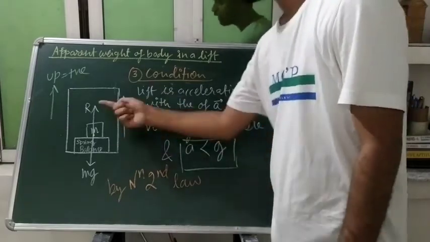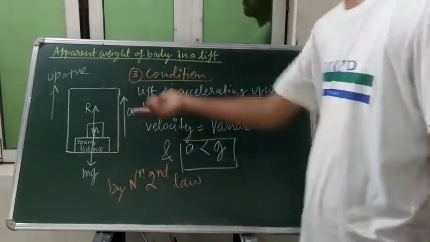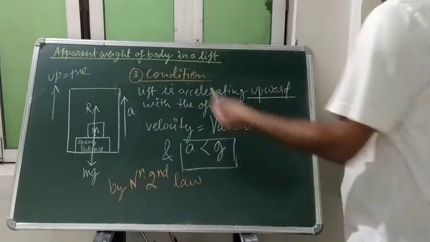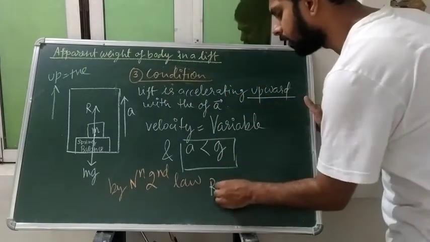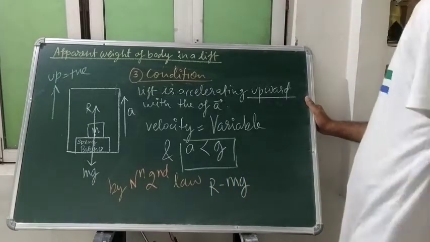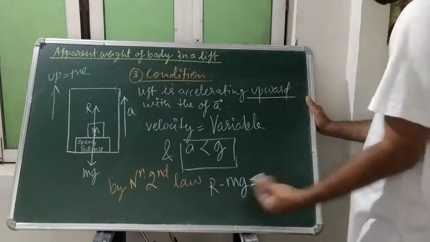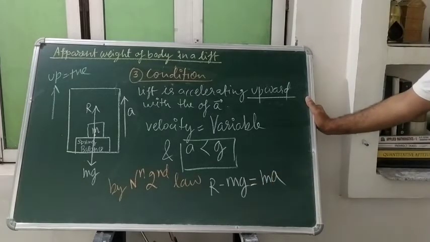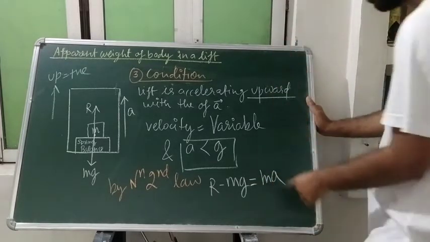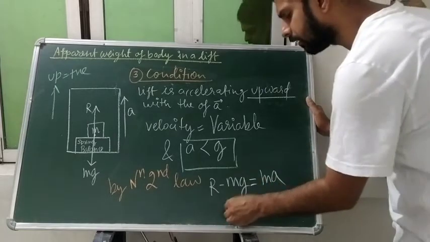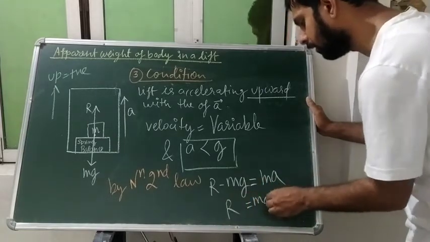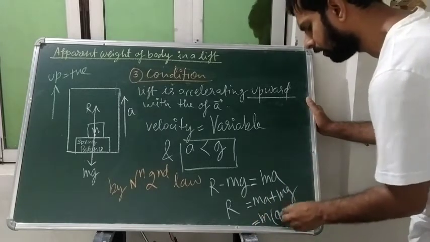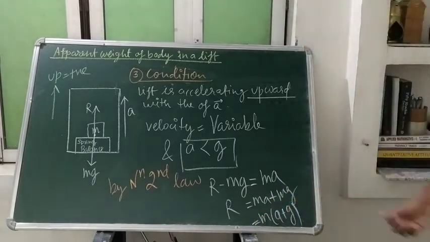These are the forces acting on it. It is moving up, so R will be positive. So R minus mg should be equal to what, student? Mass times the acceleration, isn't it? So R minus mg equals ma, this becomes R equals ma plus mg, and taking m as common, we get m times (a plus g).